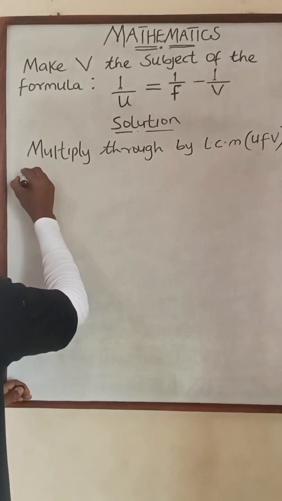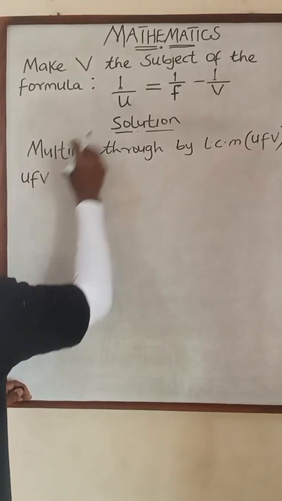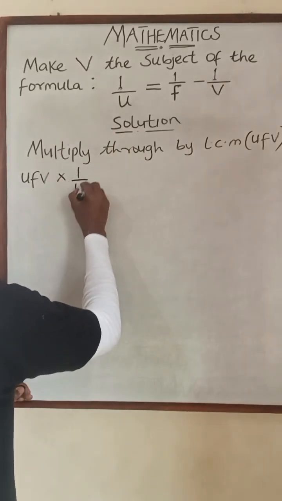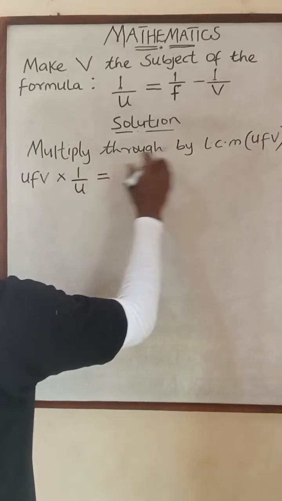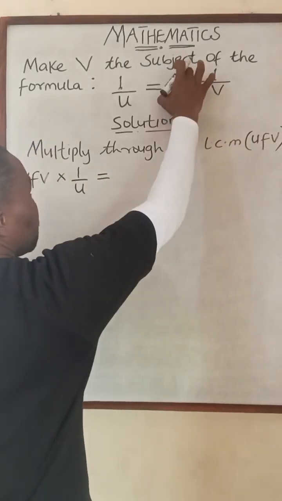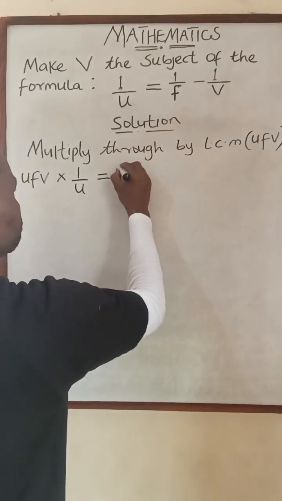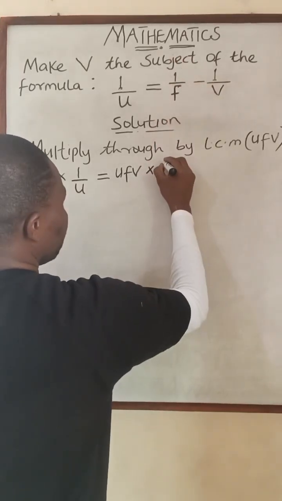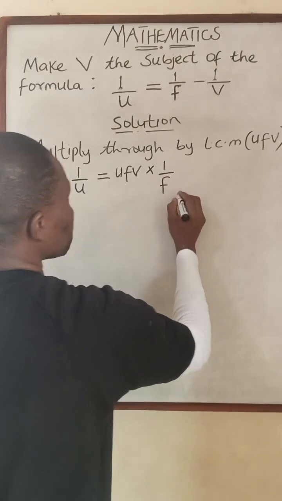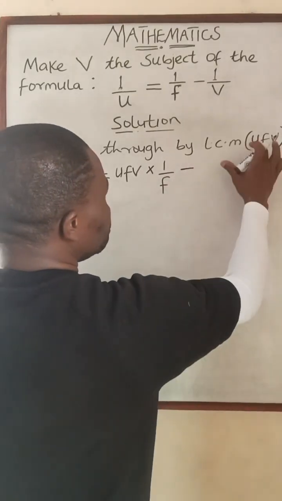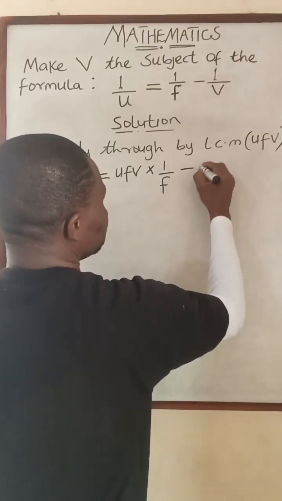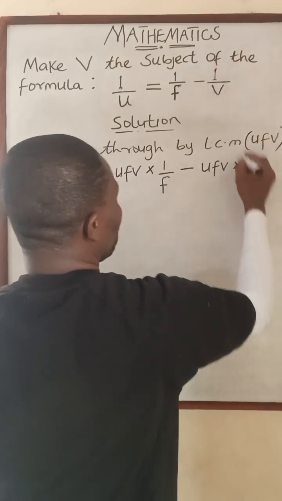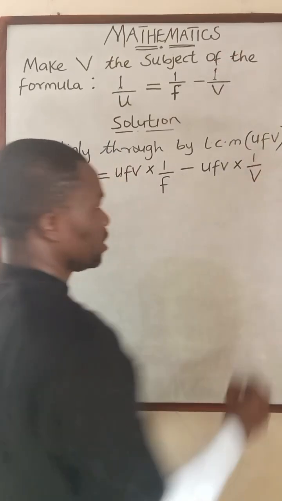So we have UFV multiplied by this, times 1 over U, equals, again, UFV multiplied by this. We have UFV multiplied by 1 over F, minus UFV multiplied by this. UFV multiplied by what? 1 over V.